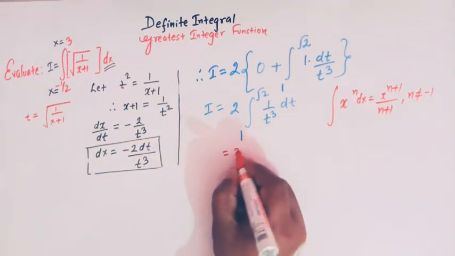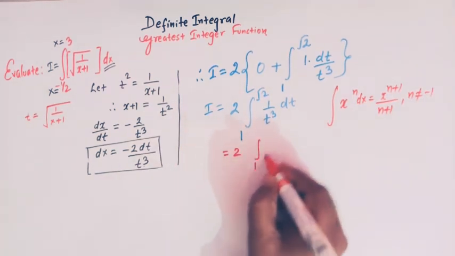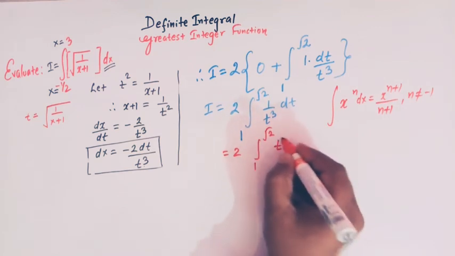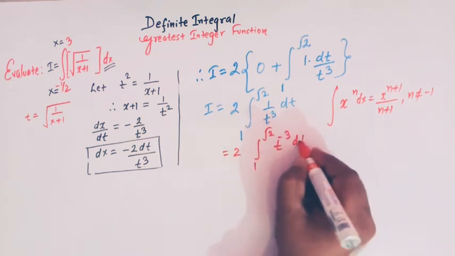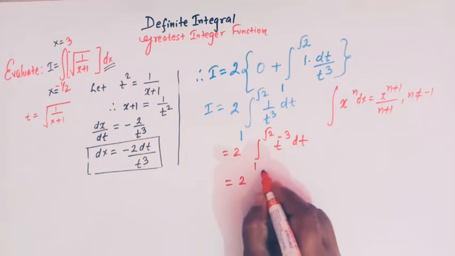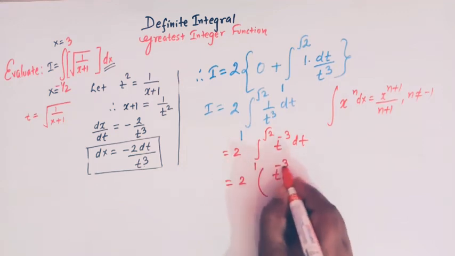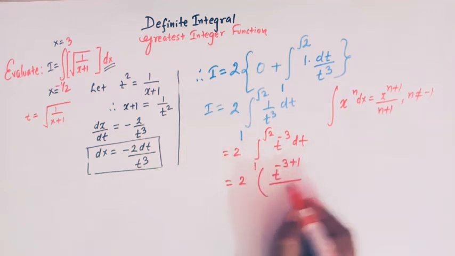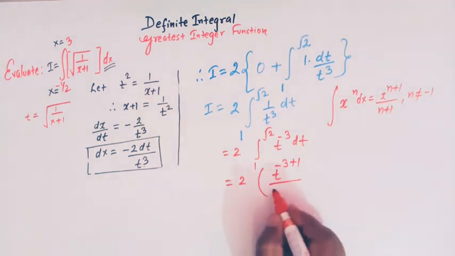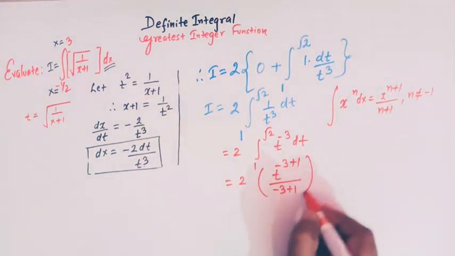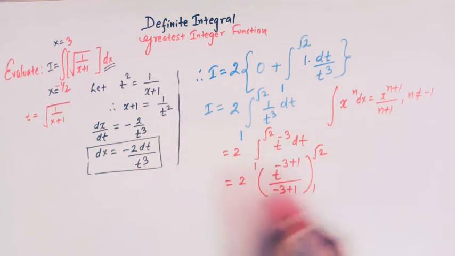So here we have 2 times integral 1 to square root of 2 t raised to minus 3 dt, and we have t raised to minus 3 plus 1 over minus 3 plus 1, and 1 to square root of 2.